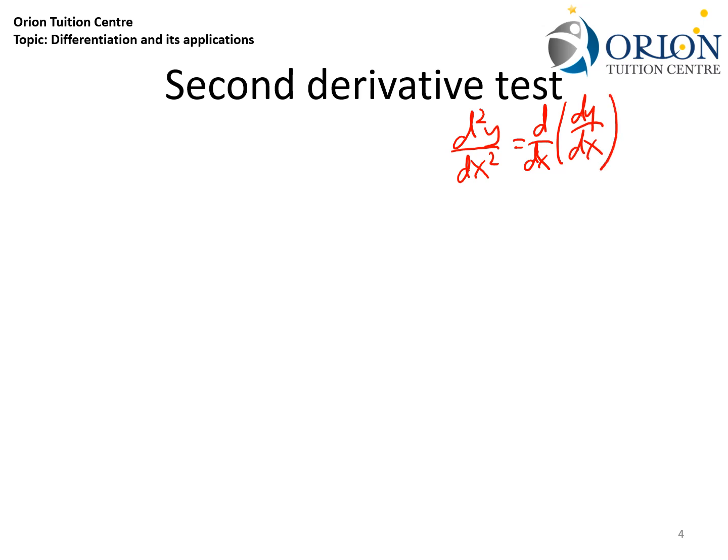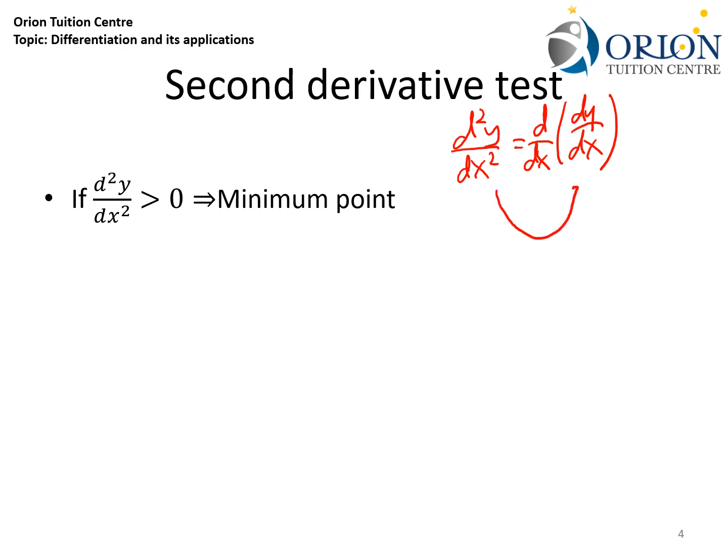If the second derivative is positive, then it corresponds to a minimum point, because if we have a minimum point, the gradient before the turning point will be negative, then 0, then positive. We can see that the gradient of this gradient is positive since the gradient is going to change from negative to positive, and thus it corresponds to a minimum point.